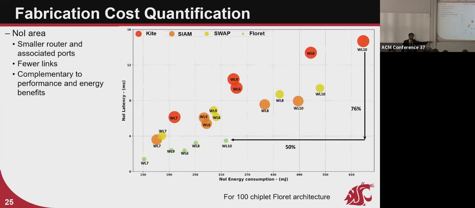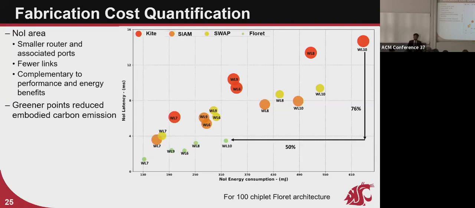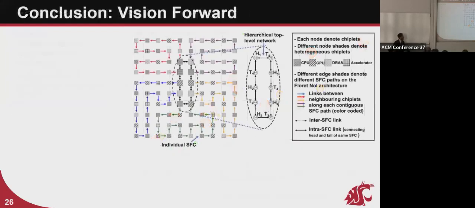The size of the dot shows the power consumption. And the last part: embodied carbon emission becomes a bigger problem as we go to data center scale. This is improving because we now have a smaller NOI area. As the system size scales, that becomes an important parameter to consider. So we have reduced carbon emission on that front.